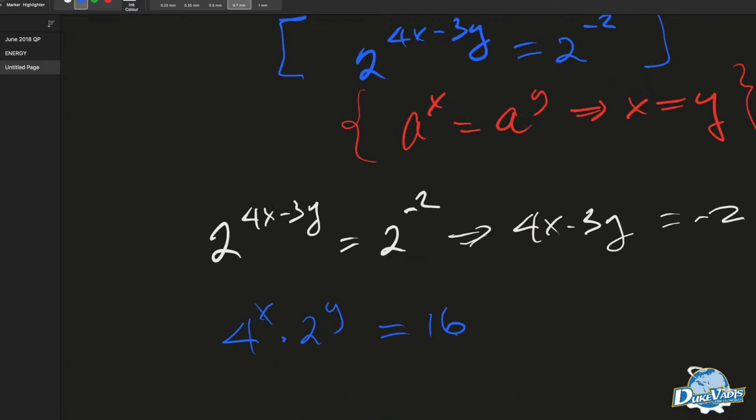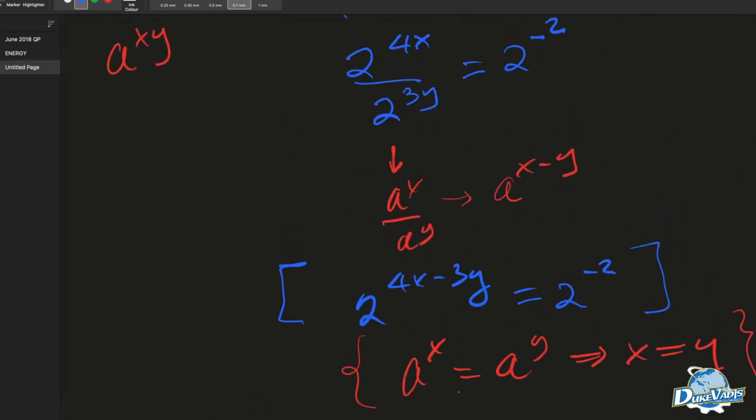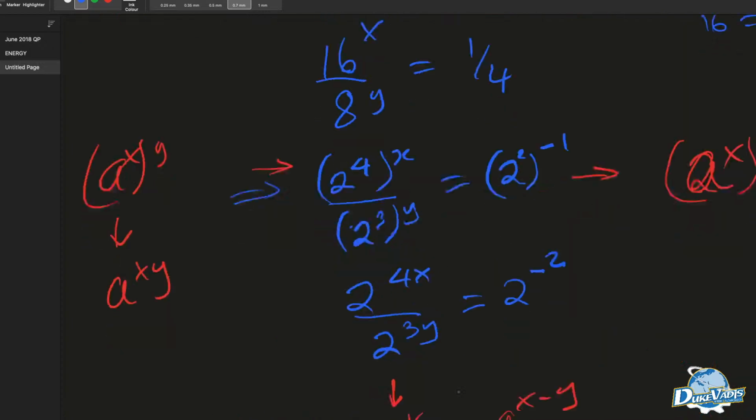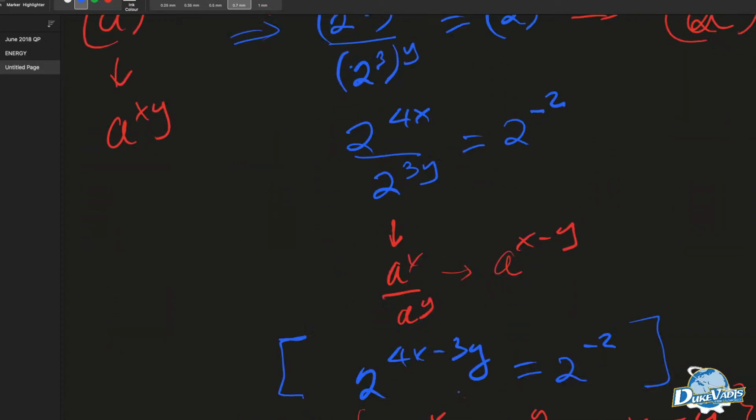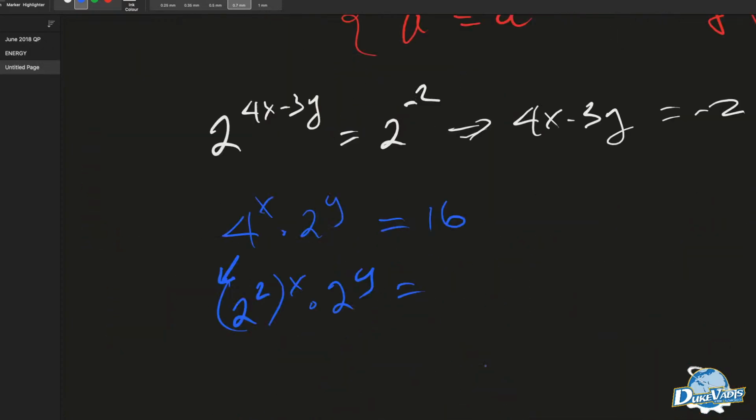We can break this one down to be 2 raised to the power 2, then we have our x out, times 2 raised to the power y is equal to 16, which is 2 raised to the power 4.